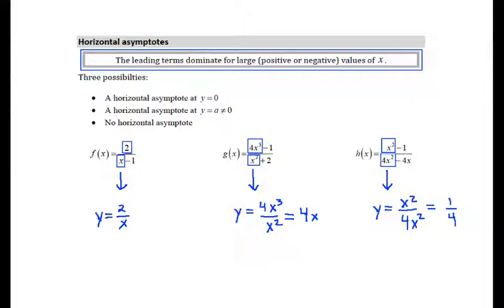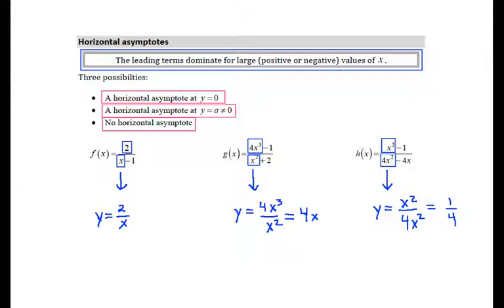So these three functions represent the three cases that can come up. Maybe we have a horizontal asymptote at y equals 0. Maybe we have a horizontal asymptote at y equals some number that's not 0. And maybe we have no horizontal asymptote. All three of these things can and frequently do happen.